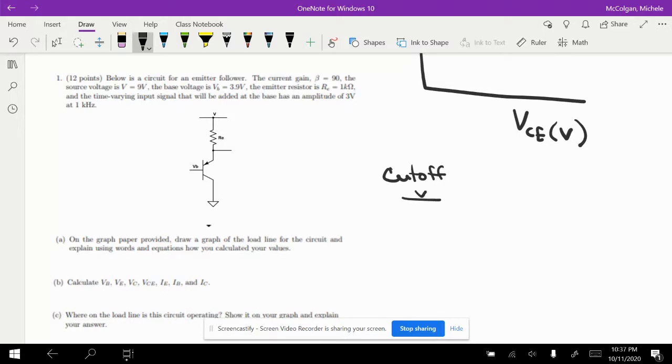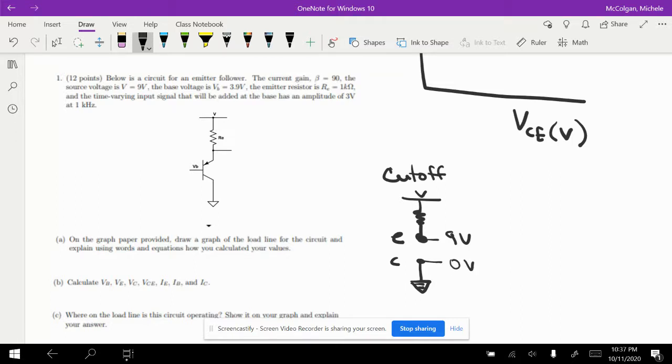And so remember, we have V, we have our RE, we have our E, and we have our C, and then this is connected to ground. And in this situation on cutoff, our E is going to be equal to 9 volts. It's going to be the same as our source voltage because there's nowhere for the current to flow since this is not connected. And our collector is going to be at 0 volts.